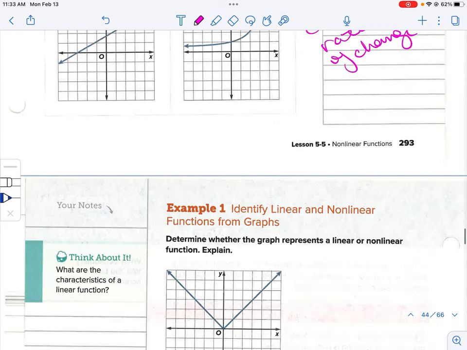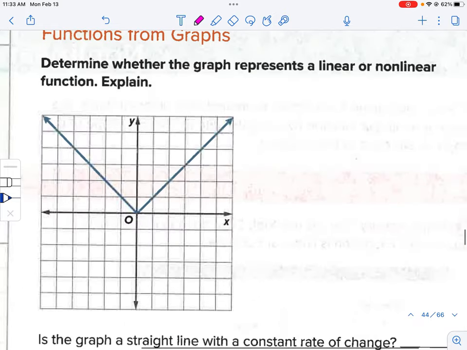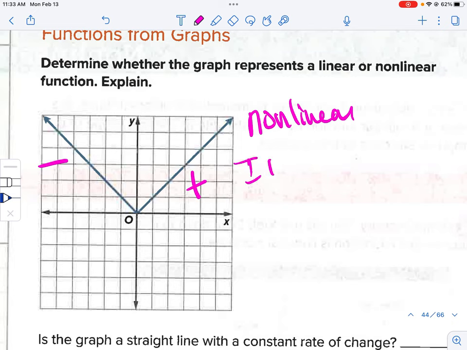Okay, so if I look at this, well, this has two graphs together, or it has two lines together, but this has a negative slope, this has a positive slope. This is nonlinear. It does not have a constant rate of change.